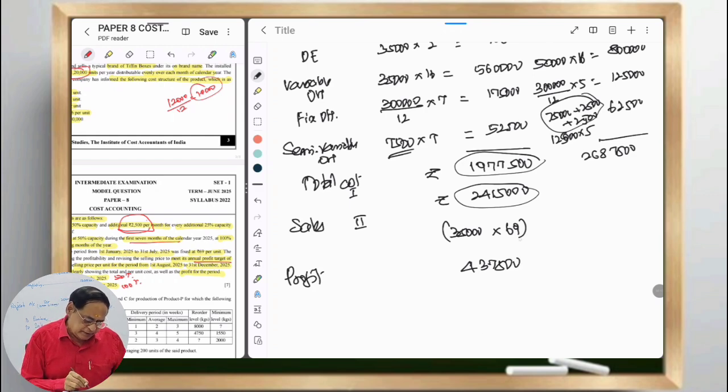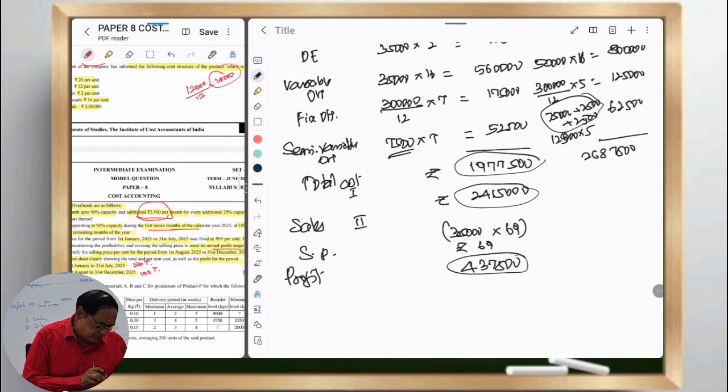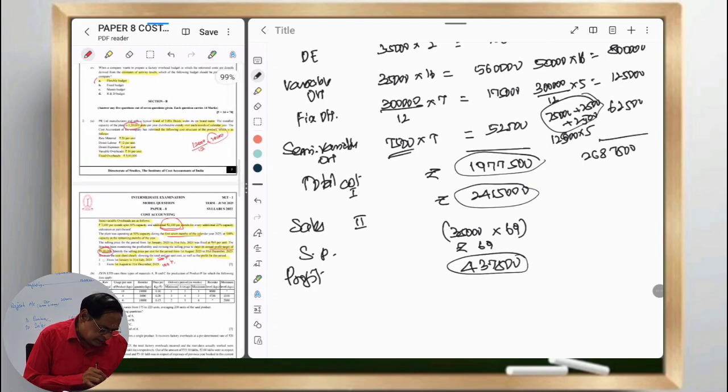Understand? The selling price that is 69 rupees. So this is a profit. Actually in the question itself what they told, the annual profit target, that is 8 lakhs. So for the total year the profit should be 8 lakhs, but up to 7 months we earned profit 4 lakh 37,500.